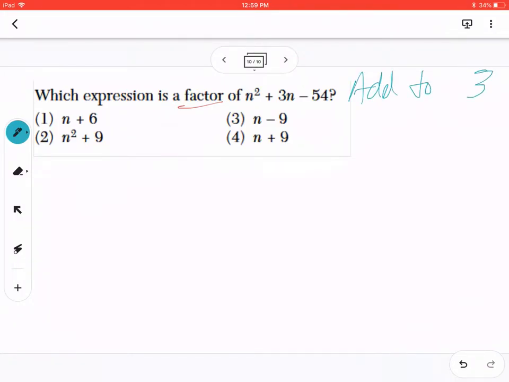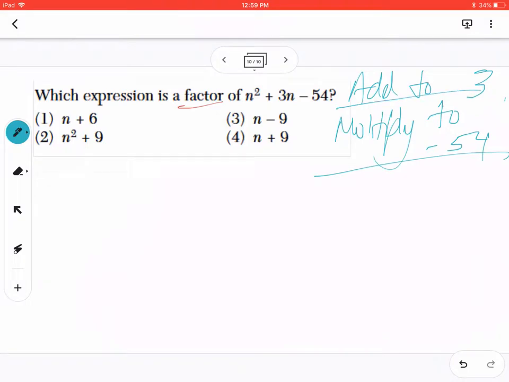They add to be a positive 3, but also multiply to the last term, which is a negative 54. First step would be to consider all options of factors that multiply to be a negative 54.